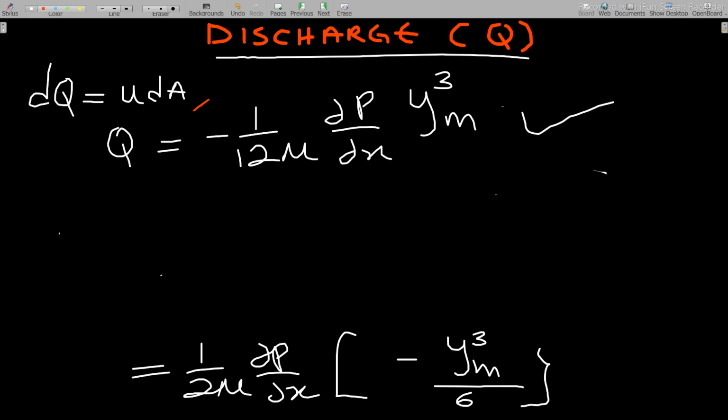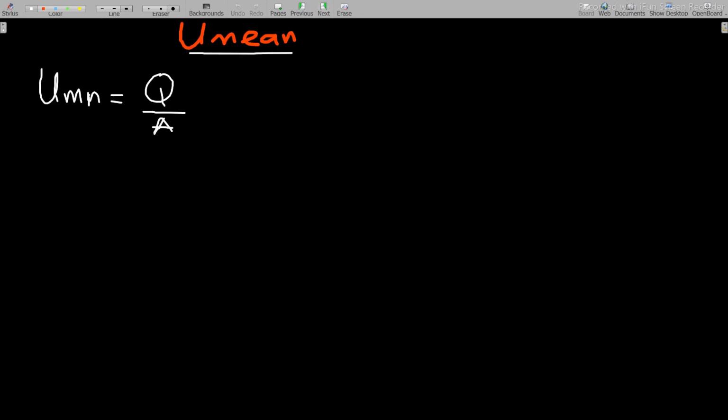Now let's go to the next slide, and we'll discuss what we call the U mean. The U mean is the discharge over A, where A is the area the flow is moving in. I said earlier that the area is the dimension where we are moving, just one dimension.